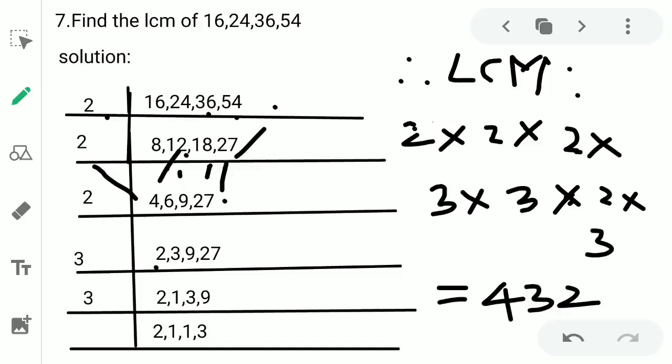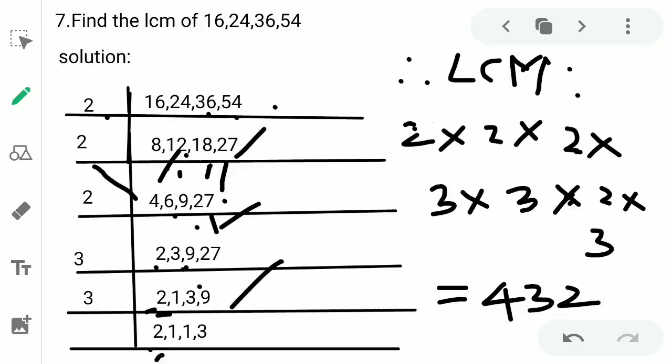And 2 2s are 4, 2 3s are 6, 9 doesn't come in the 2 table, so I am taking 9 as it is here. 27 also doesn't come in the 2 table, so I am writing 27 as it is. And 2 doesn't come in 3, so I am writing the same 2 here. 3 1s are 3, 3 3s are 9, 3 9s are 27.